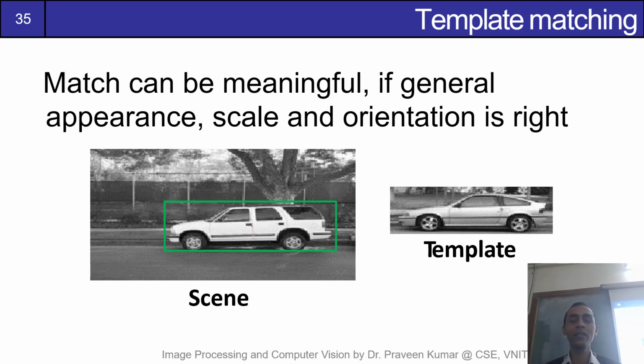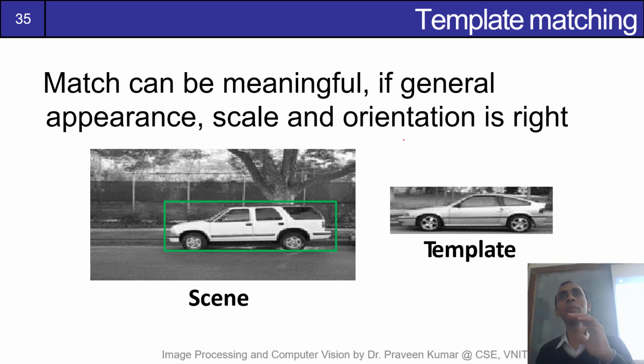If there are multiple objects of similar appearance, then it may get confused. So template matching will only help you as long as the general appearance, the scale and size of the object, the orientation is right.